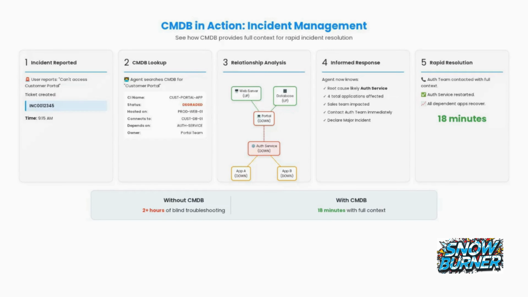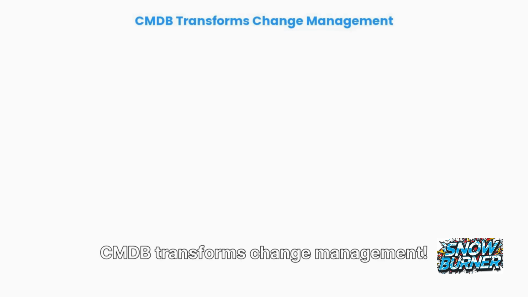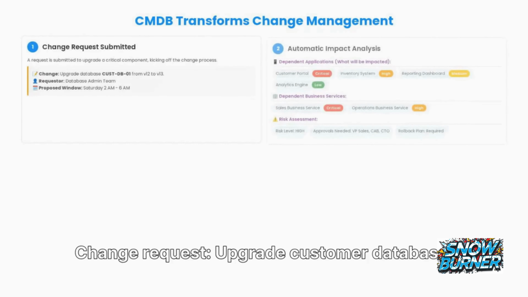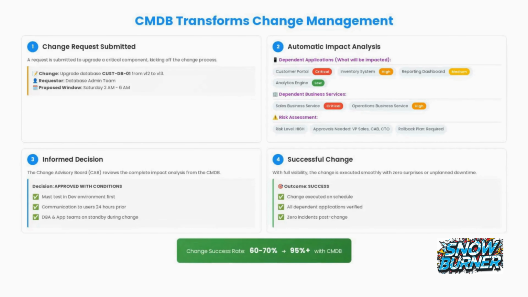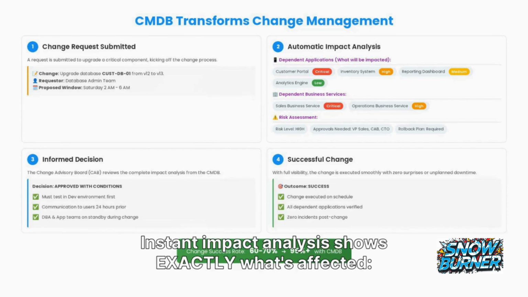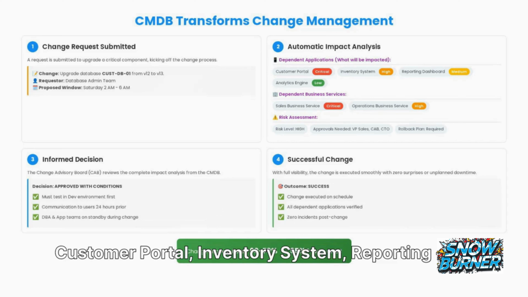That's the difference. CMDB transforms change management. Change request, upgrade customer database. Without CMDB, hope nothing breaks. With CMDB, instant impact analysis shows exactly what's affected. Customer portal, inventory system, reporting, full list.